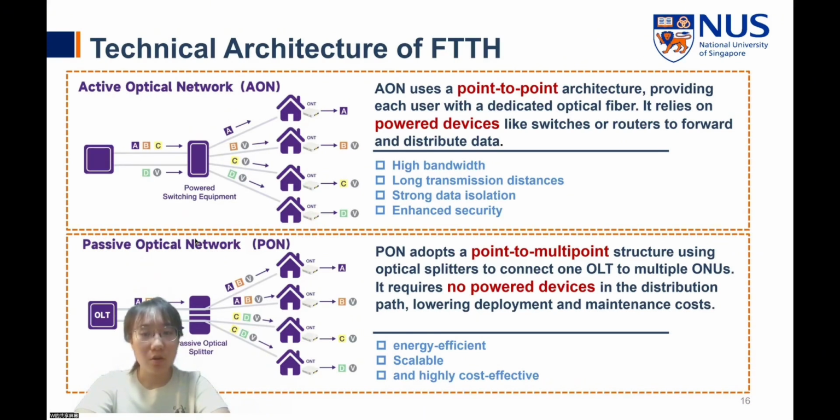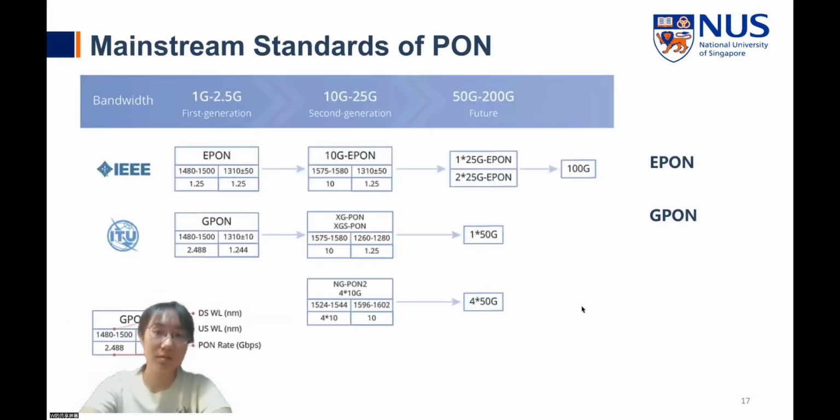Because there is no powered equipment in the distribution path, PON can significantly reduce both deployment and maintenance cost, offering excellent energy efficiency and cost effectiveness. Compared to AON, PON has significant economic benefits and long-term maintenance advantages, so PON has become the mainstream architecture for modern FTTH deployments nowadays.